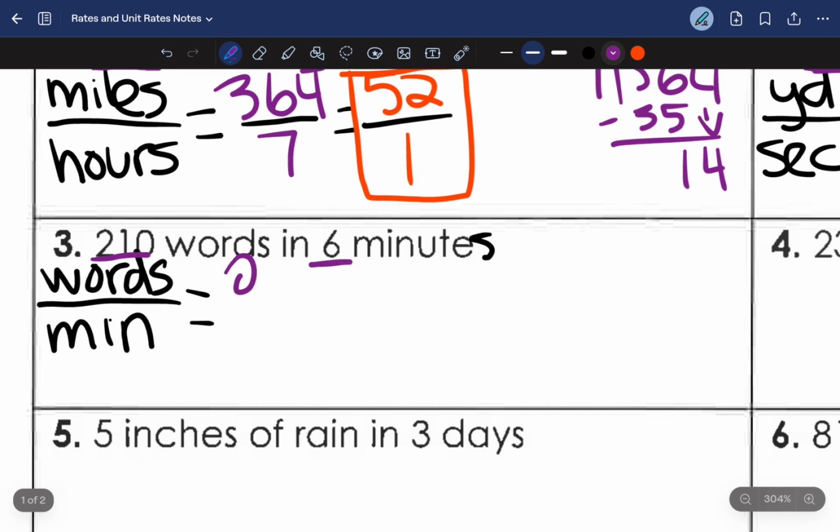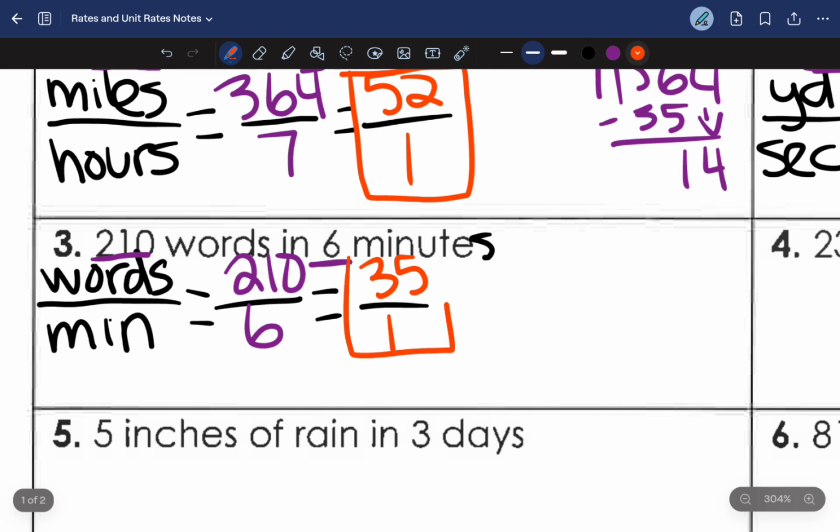So I'm going to put 210 over 6. And then again, all you would do is divide. So you would do 210 divided by 6. And in this case, you get 35 over 1. So it's 35 words in 1 minute.